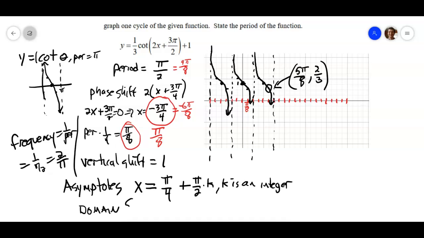And that's just the set of all x's such that x is not equal to all the stuff you just wrote. Sometimes the k is in the numerator instead of on the right. Okay. This represents most of what I could think of they could ask about a cotangent. I hope this helps.